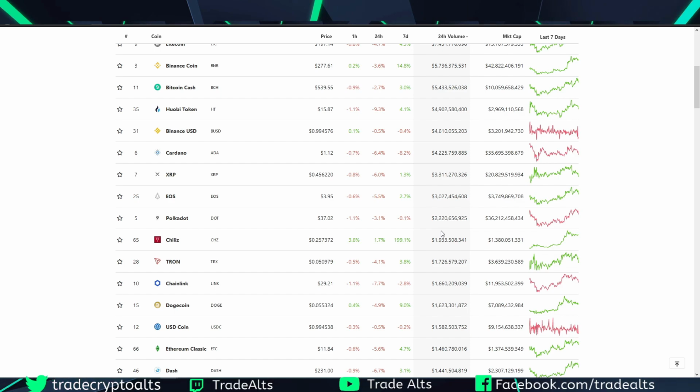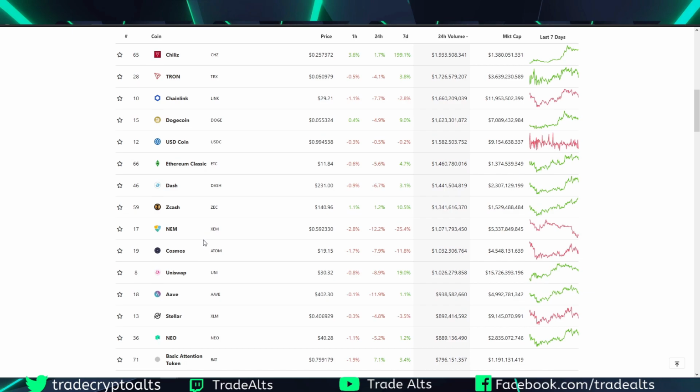But it doesn't necessarily mean that the volatility is there, as far as massive price swings up or down that your bots can use to capitalize on. But usually when you stick to the higher volume stuff, it's overall better for your trading bots. And again, you can keep coming down.